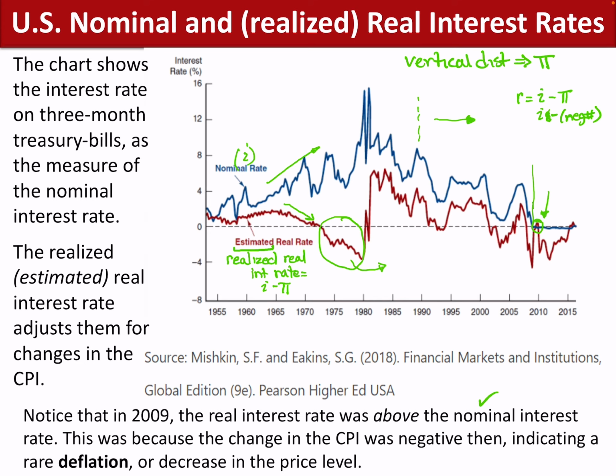So if this was basically 0 and the rate of inflation was -1, then that would mean that the real interest rate would be 1%. It wasn't that big, of course, but that would be an example of what's going on.